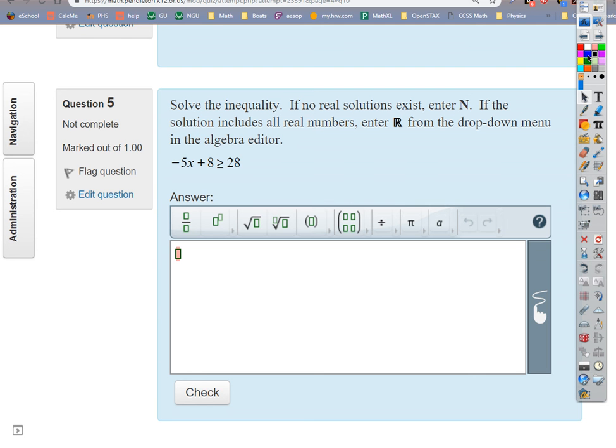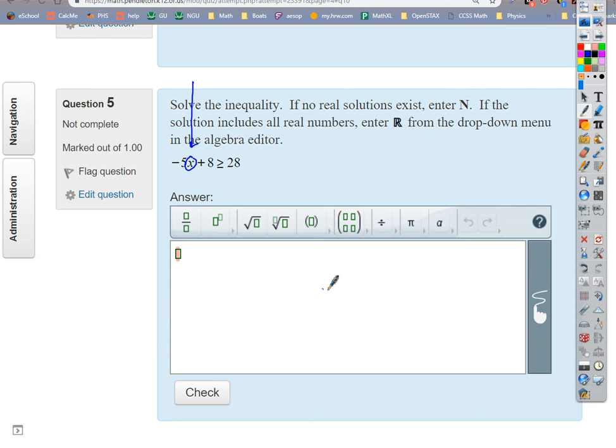We're solving a simple linear inequality in one variable. How is this different than solving for x in an equation? For one thing, you're going to get an infinite solution set most times, right? It's not just a single point, it's going to be a whole range of values if you graph it, like on that last example, on the real line.